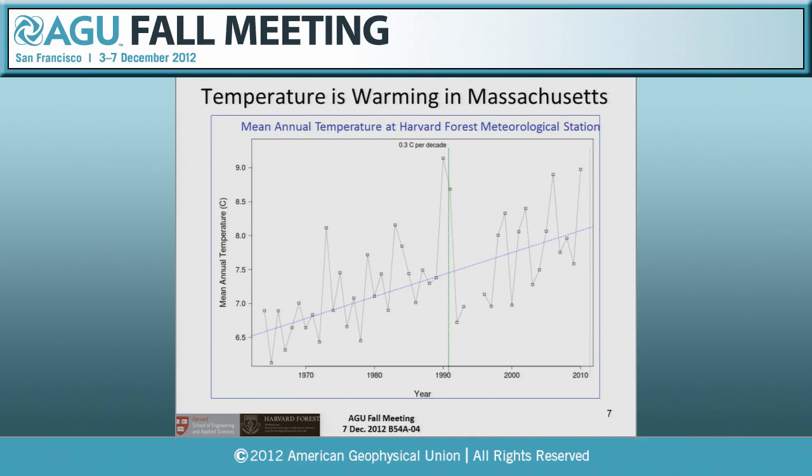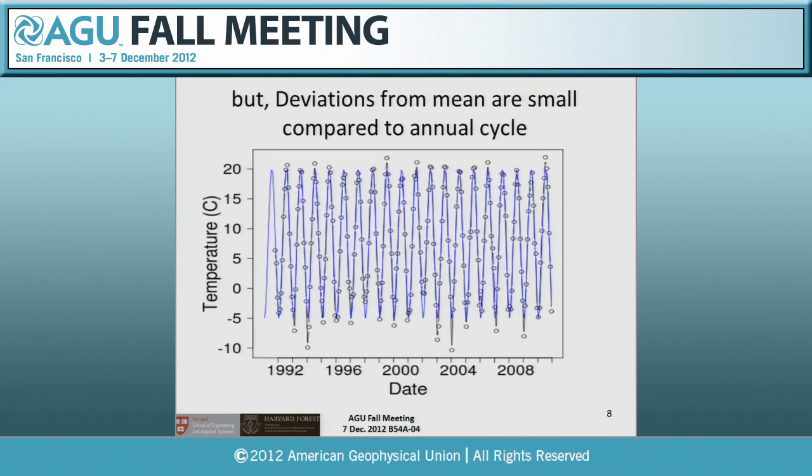This is the mean annual temperature at the meteorological station going back to when that particular station was established before 1970, and there is a trend of about 0.3 degrees C per decade, and there's a very large interannual variability, which is bigger than the trend over that time period. But importantly, that mean annual trend doesn't really translate to, say, consistently warmer winters or colder.